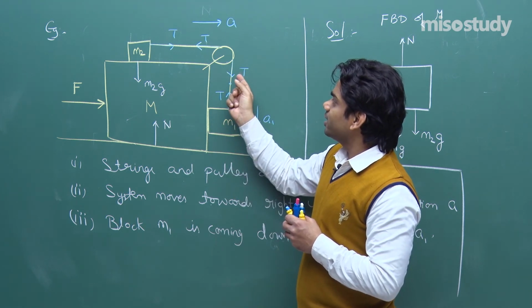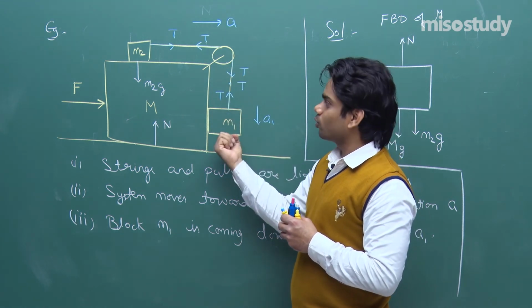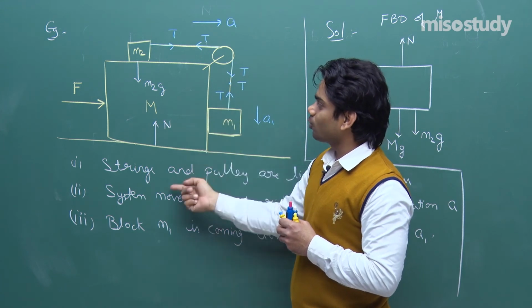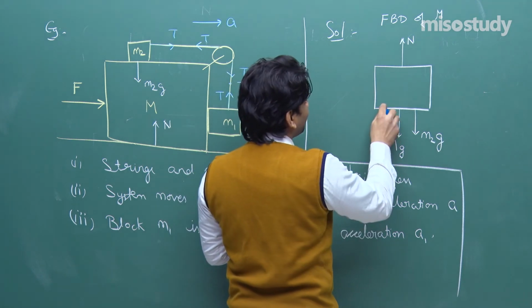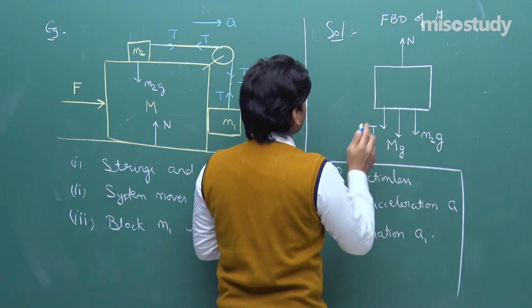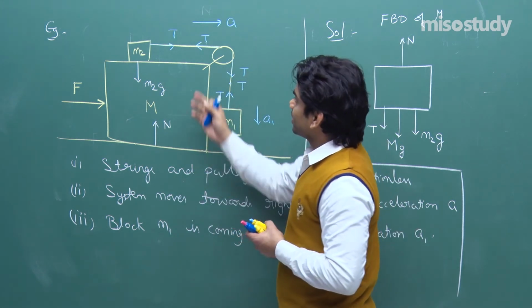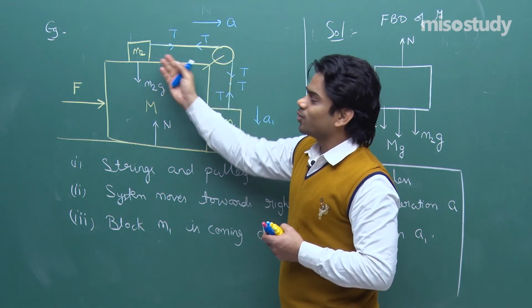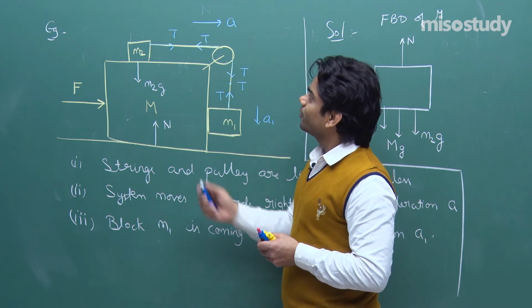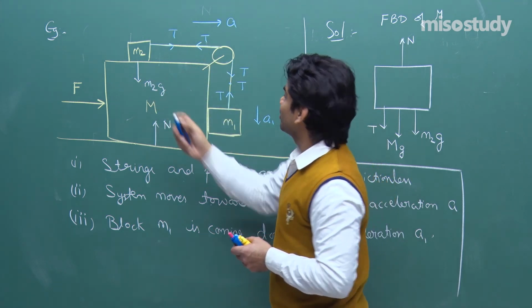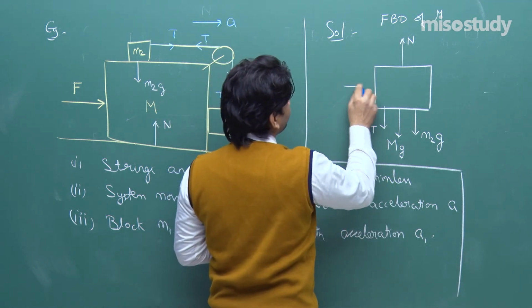This tension T is pulling the pulley downward, so I will also mark tension T acting in the downward direction on this block. Also, this tension T is acting towards left, so we need to apply this tension T towards left on this block.